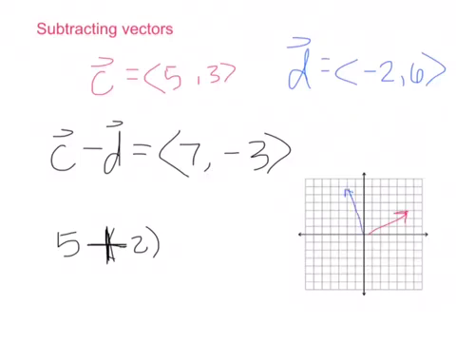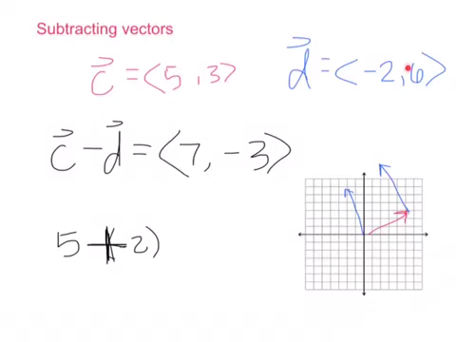Now, when we subtract, instead of putting D in the starting place and going that direction, that would be adding, right? Since we're subtracting, we're actually going to be going the opposite of both of these.